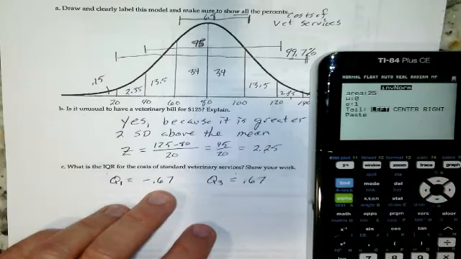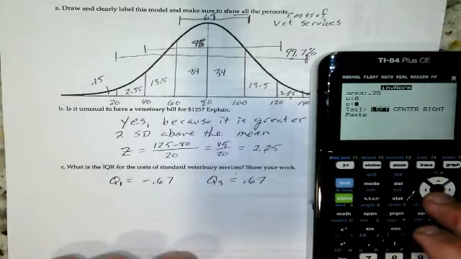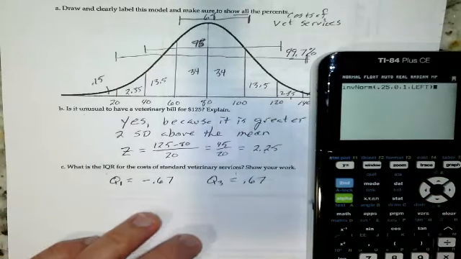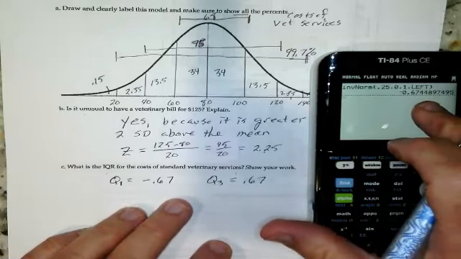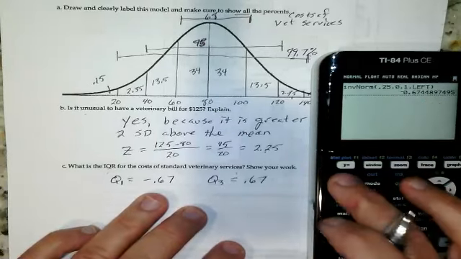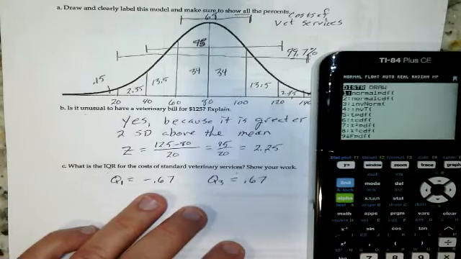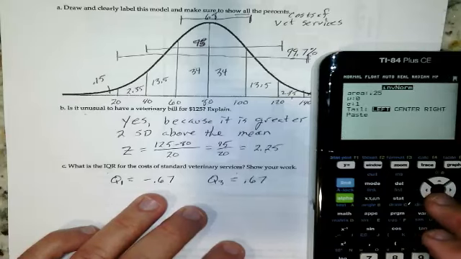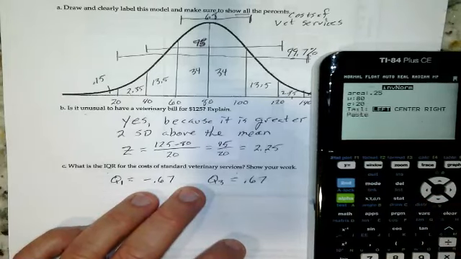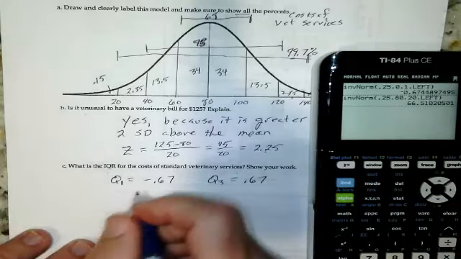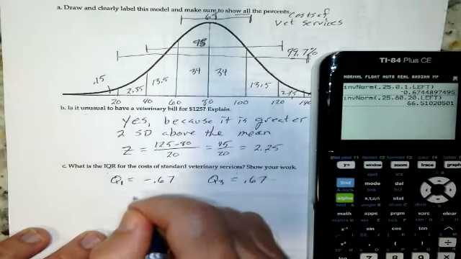Let's go 0.25 of these numbers. All right. And paste that. Enter. And that tells me the negative 0.67. I've already told you that. So we want to go 0.25 for 80 and 20. And that number is going to be $66.51.